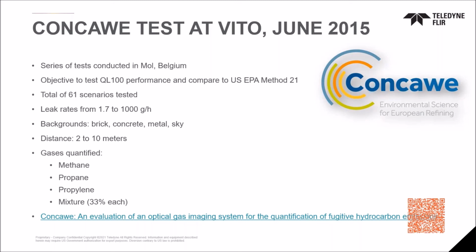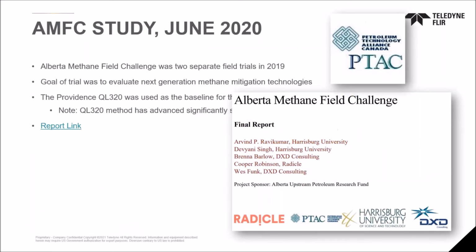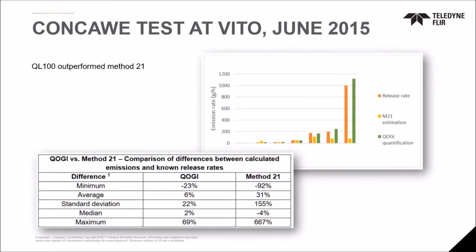I won't get into this too much other than the output. The key output from this study was the average difference with the QOGI. On average, we had a 6% error, or a 6% difference, between the known emissions and what we measured.